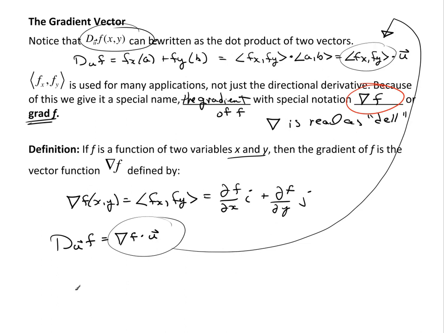If I had some vectors, say a and b, we thought of the dot product of a dot b as the scalar projection onto b, how a is projected onto b. And that's exactly what this gradient is. It's how the gradient vector is projected onto this unit vector.